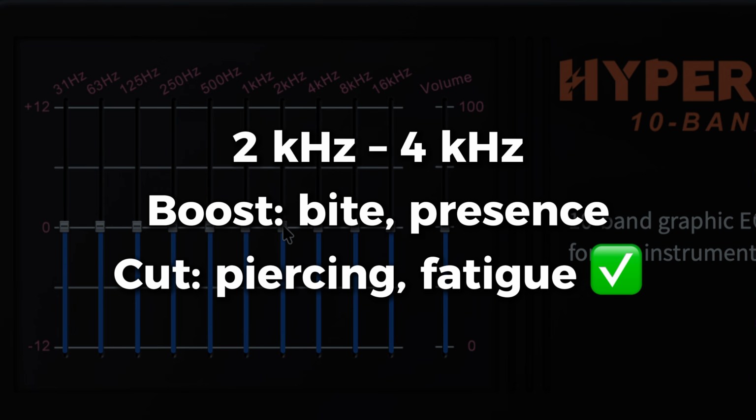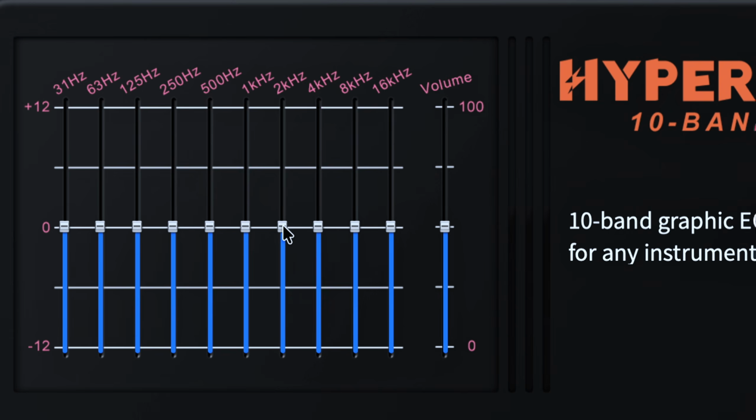Anything between 2K and 4K hertz adds the bite, boosting the 4K. When you cut it, you are cutting the piercing sound that will make your ears get tired easily.